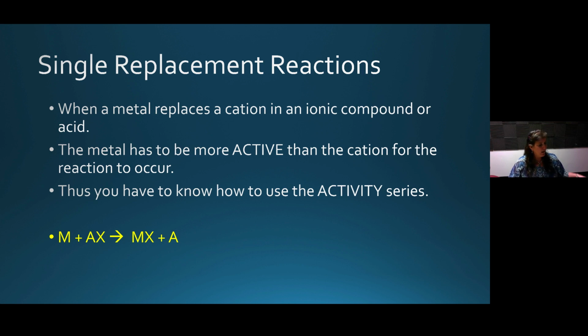So you have to know how to use your activity series, which is on the periodic table, this box right here. We're going to learn that in the next slide. And a reminder that a single replacement reaction looks like metal plus AX making MX plus A. So the metal replaced A, bonded with X, and A is now left alone. Single replacement.